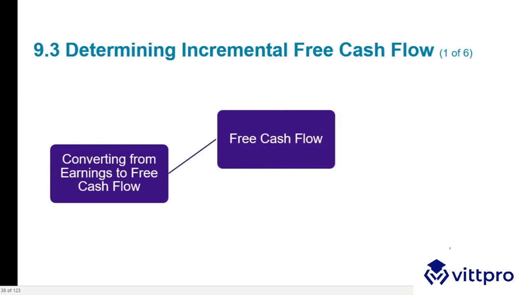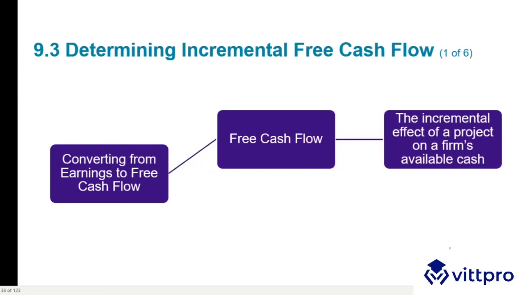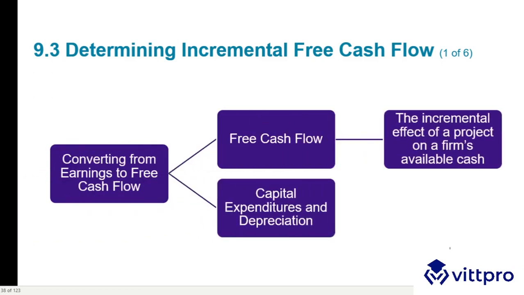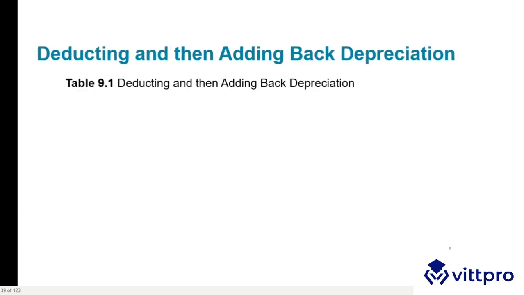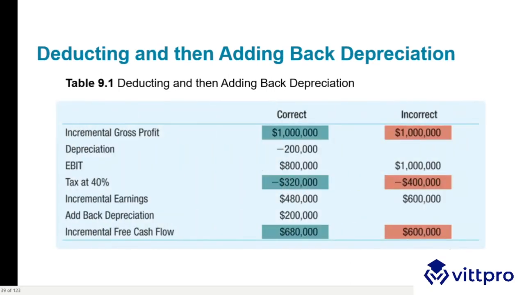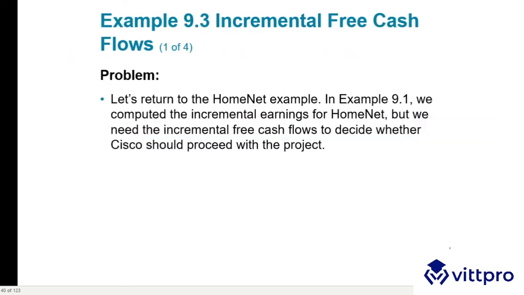To do that, you will need to add the capital expenditure and depreciation to the net income that you are earning, right? So you take incremental gross profit minus depreciation to get EBIT, and then add back the depreciation. So incremental free cash flow will be 680,000, and also minus the initial investment.